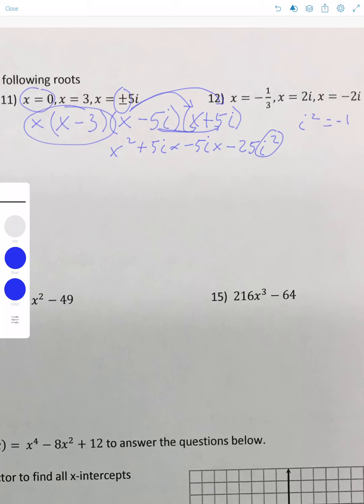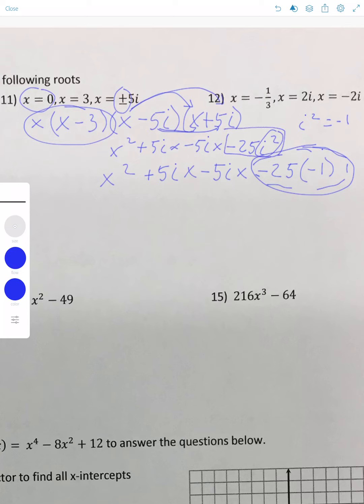And so really what we could say is that we have this x squared plus 5ix minus 5ix minus this 25. Instead of times i squared, if i squared is negative 1, then it's times negative 1. And you might remember now, some of you were able to see this and you go, hey, once I see it's minus 25i squared, can't I just flip the sign?